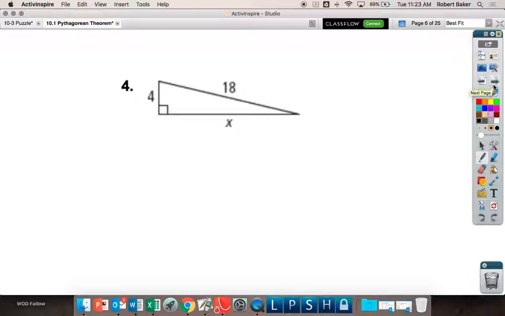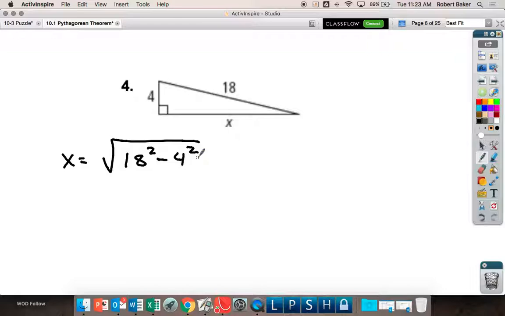So what are we missing? A, B, or C? B. Or A, doesn't matter. X is equal to the hypotenuse squared minus the leg squared. So you gotta compute 18 squared minus 16 squared.